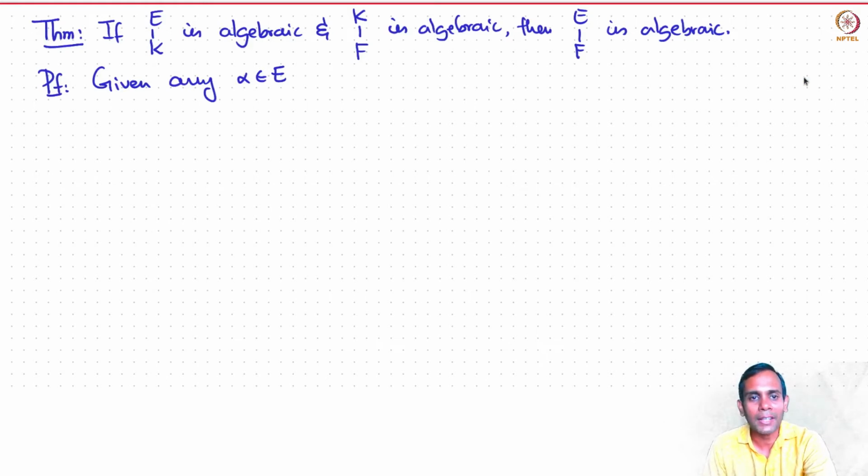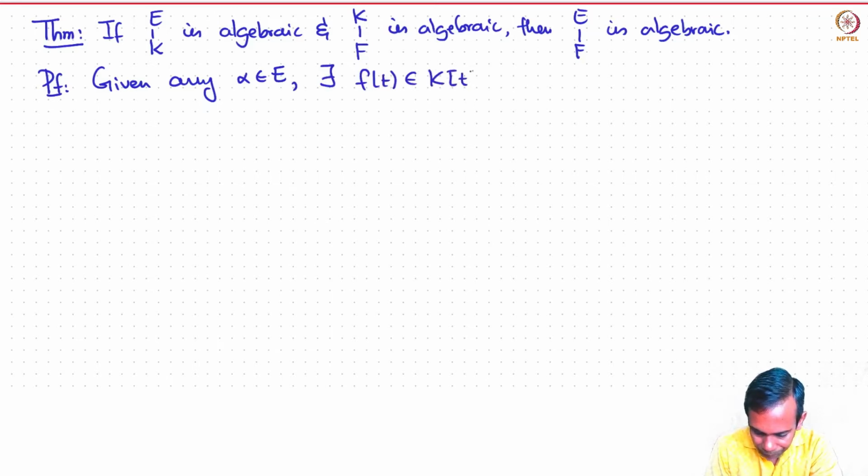So firstly, given alpha in E, what we know is that there exists a polynomial f(t) in K[t] such that f of alpha is 0.